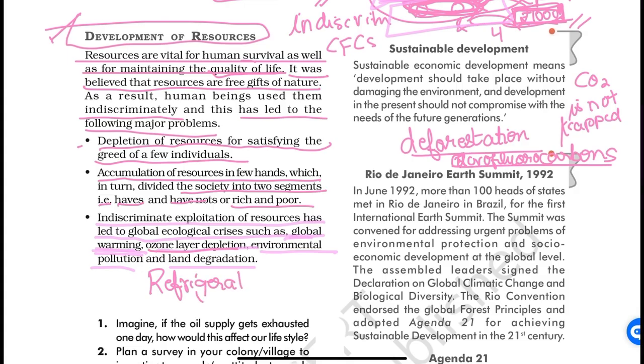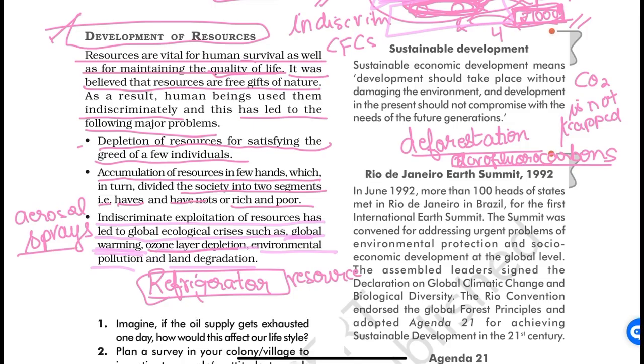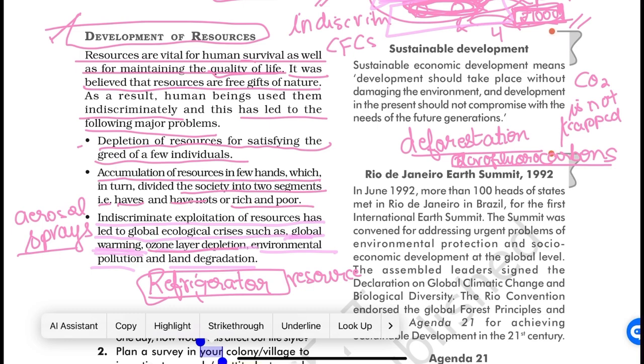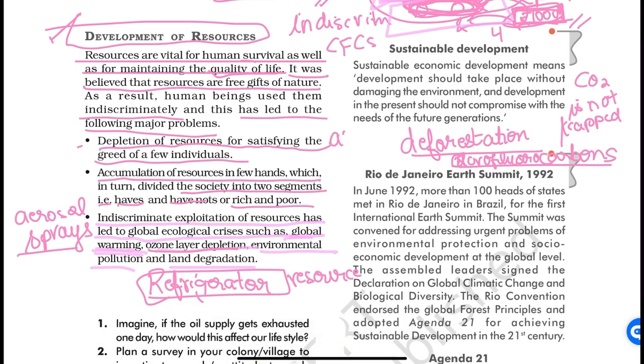Refrigerator is a resource for human beings. Aerosol sprays, room sprays are also a resource. Air conditioners, ACs are for cool air and are a resource for human beings.